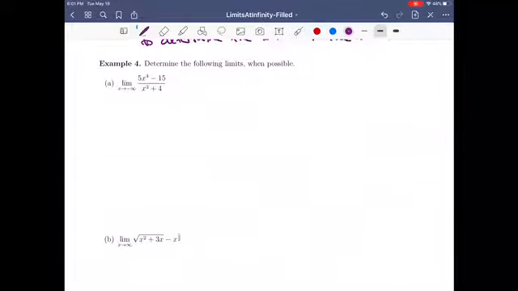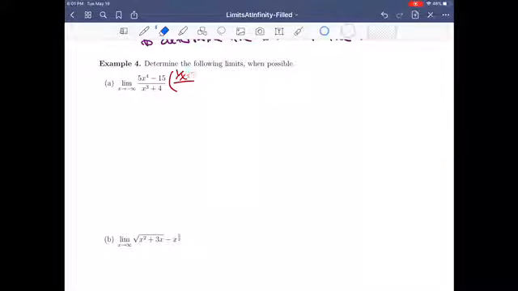So here we want the limit as x goes to negative infinity of 5x to the 4 minus 15 over x cubed plus 4. So we could divide everything by x to the 3, the highest power in the denominator.